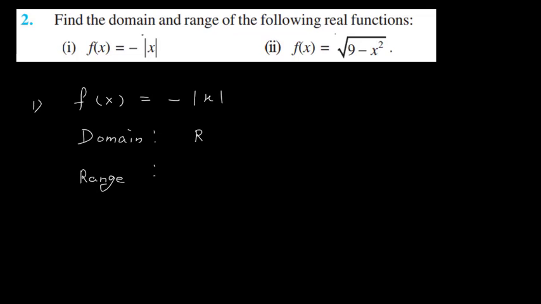Whatever the value of x, modulus will give me a positive value, and when we multiply this positive value with a negative sign, I will get a negative answer. So my range will be from minus infinity to 0. If this is 0, minus 0 and plus 0 are the same, so 0 will be included here. This is my domain and range.